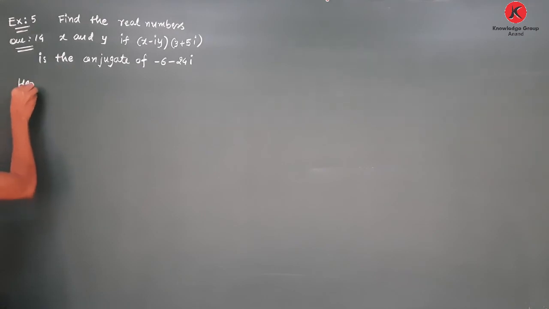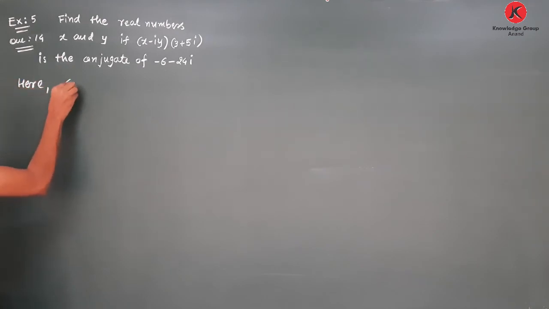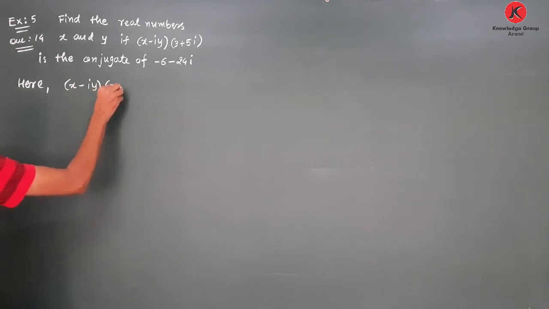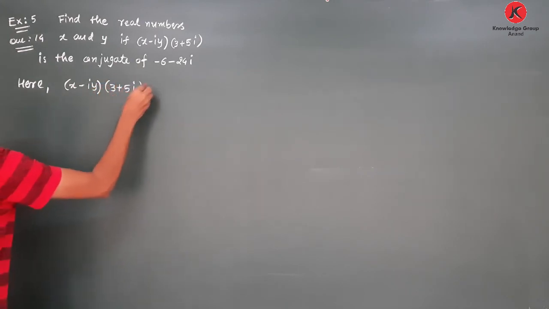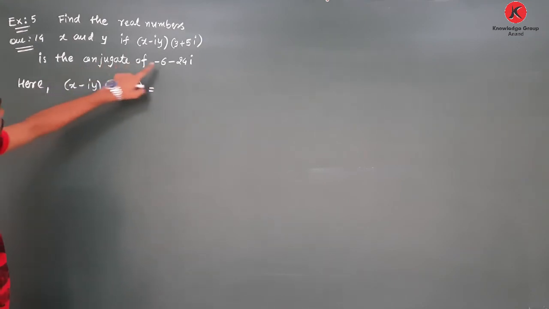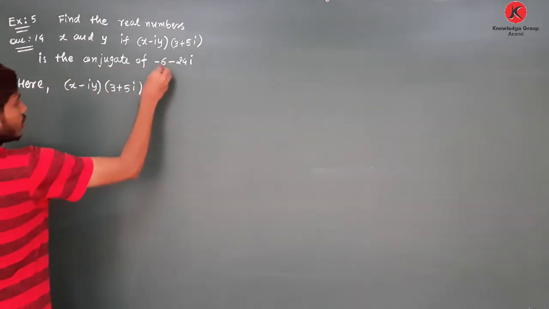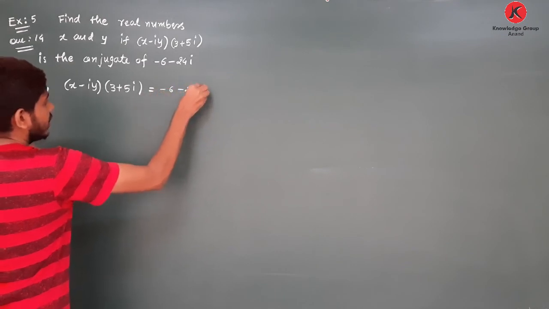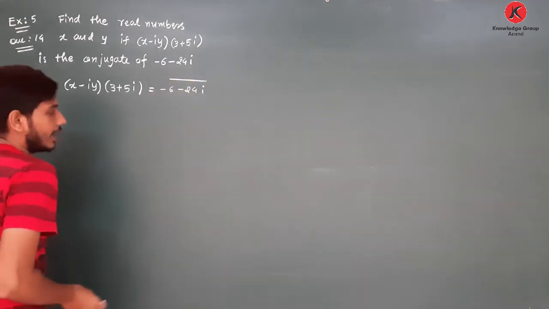Here, the question is x minus iy into 3 plus 5i equals the conjugate of this, minus 6 minus 24i bar.